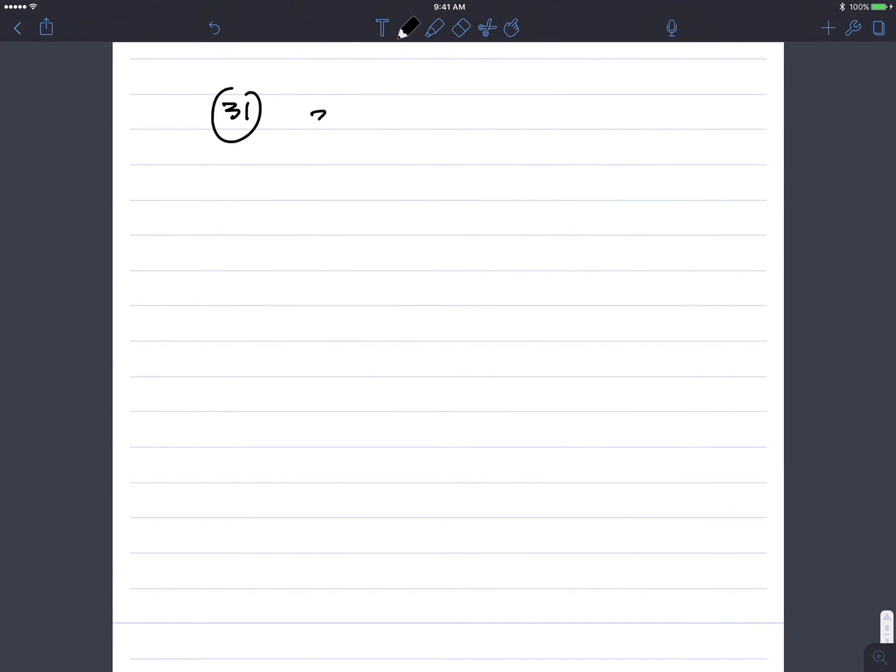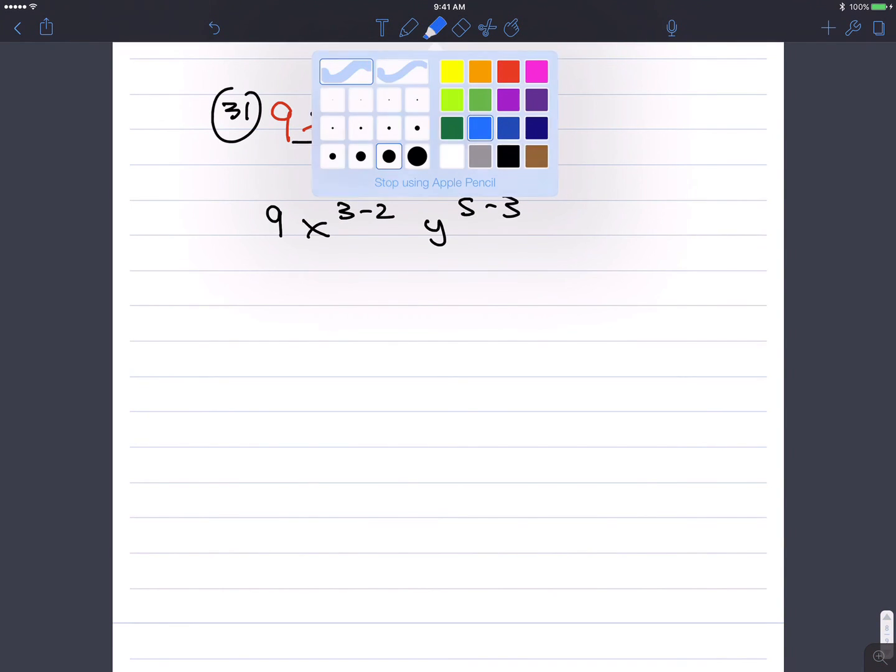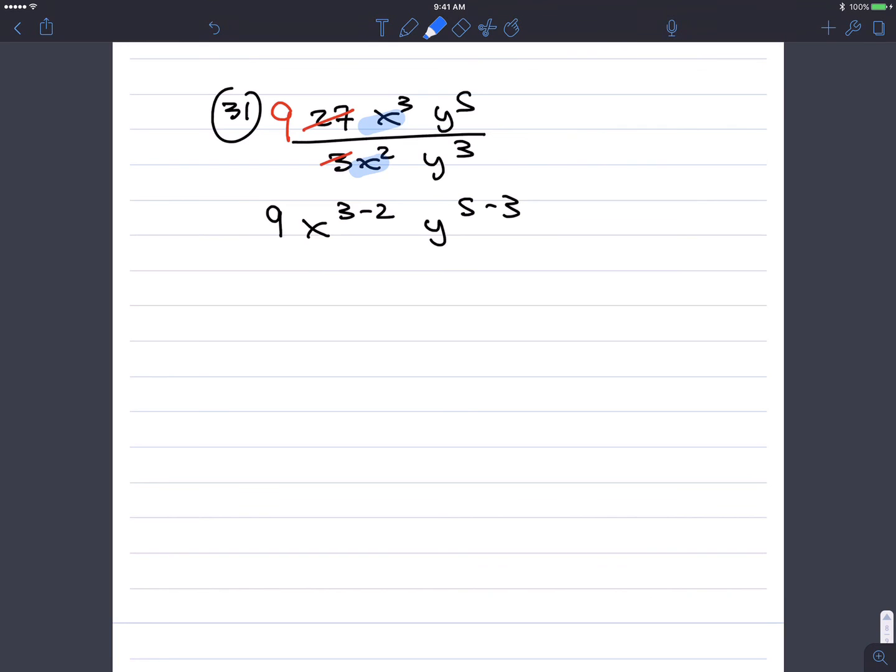(31) 27 x cubed y to the 5th over 3x squared y cubed. Again, perform your division. 27 divided by 3 is 9. Now, you're going to end up with 9x to the 3 minus 2, y to the 5 minus 3. The reason being is I'm dividing with the same base called x.